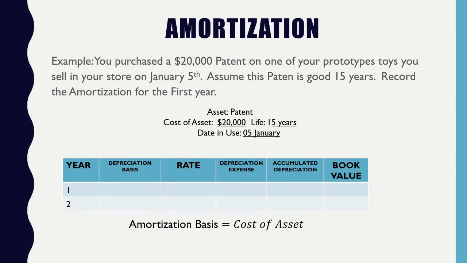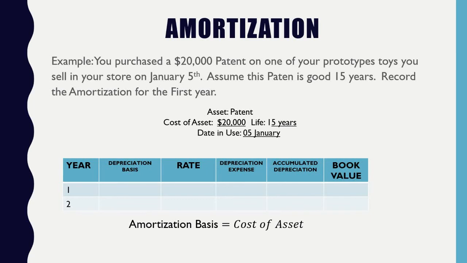Now, usually with licenses, copyrights and patents, they are effective immediately, but they do follow the same rule. If it's more than 50% of the month, then you depreciate that month. If it's less than 50% of the month, then you go ahead and just forward it on to the next month. All right, so January 5th, assume that the patent is good for 15 years.